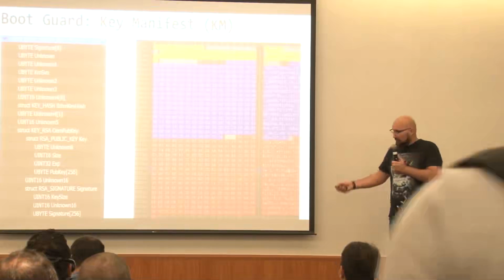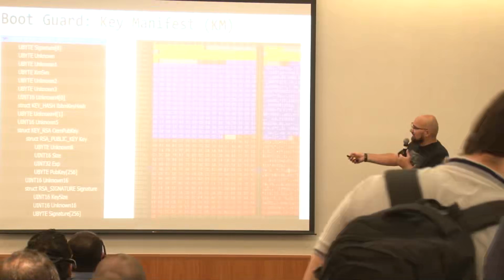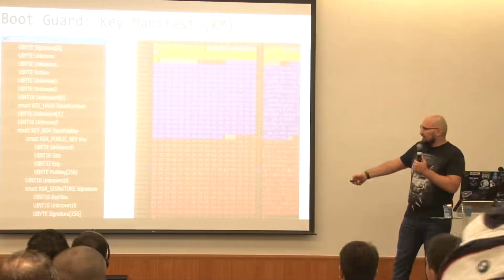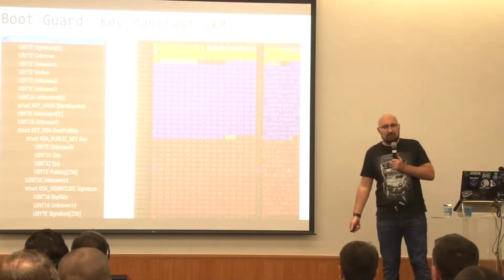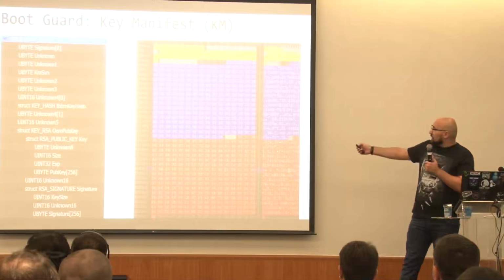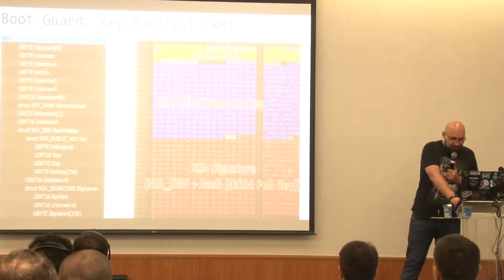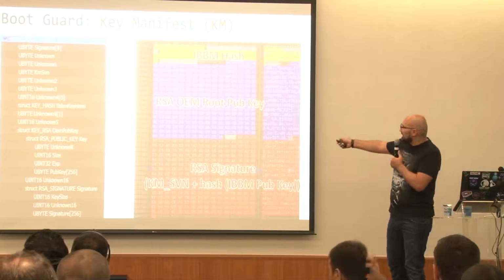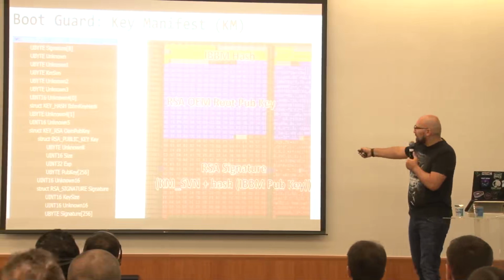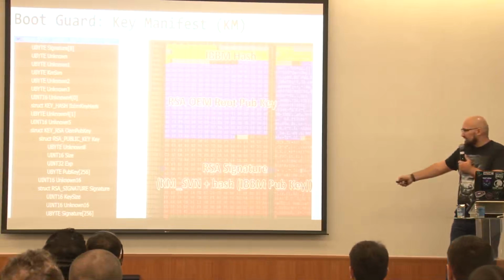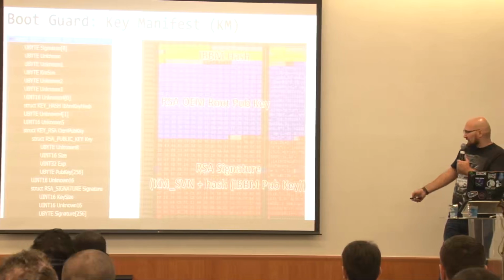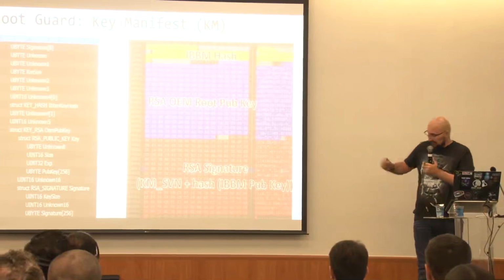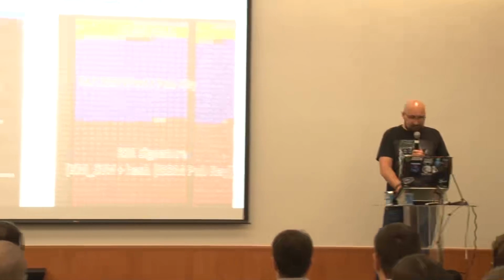So I recovered the structures for the key manifest. It's not documented, and these are my templates from 010 Editor. So we can see what it is. We have the IBBM hash, which is a vendor hash, the RSA OEM public key, and the RSA signature, and also the IBBM public key, plus the key manifest security version number.